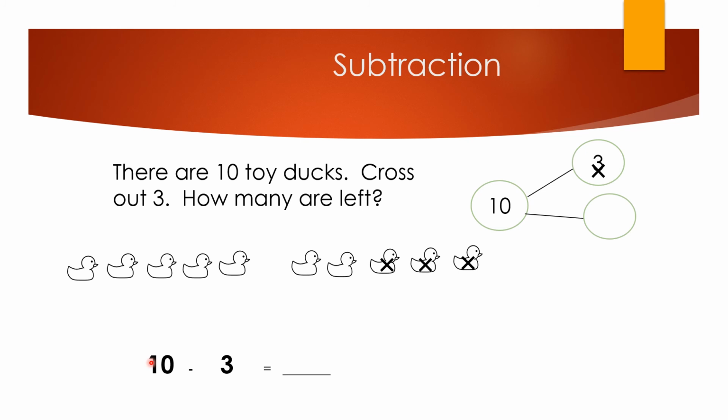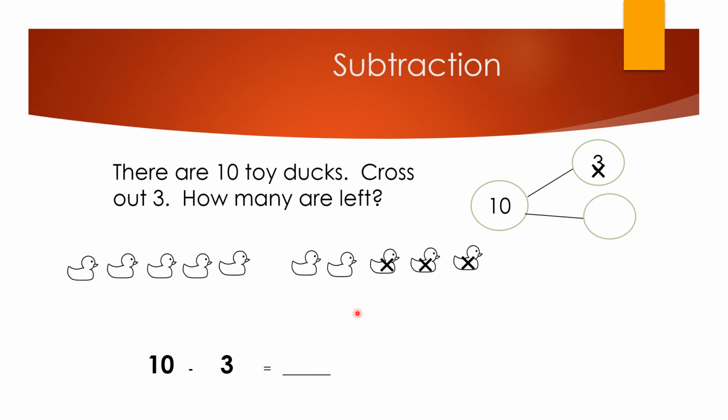Nice work. Next, we subtracted how many ducks? That's right. 3 ducks were subtracted. That means we crossed off 3. 1, 2, 3. 3 is written in as a part in our number bond. We put an X over it to make sure that everybody who looks at it knows that that's our cross-off number. Then we wrote a 3 in the equation.